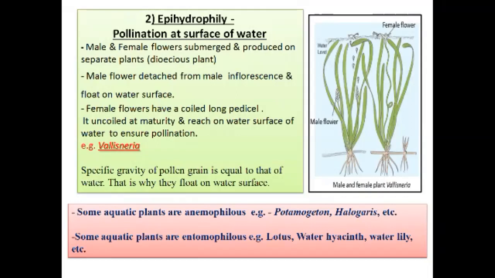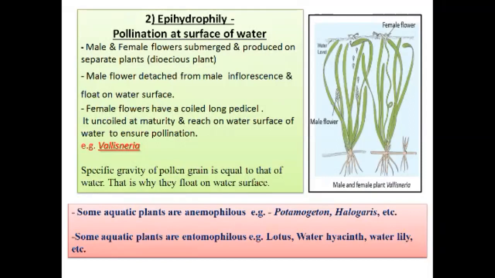The male plant is separate and the female plant is separate. Male flowers, after maturation, detach from the parent body or from the inflorescence and float on the water surface. At maturity, when the female flower is mature, this female flower has a coiled and long pedicel.